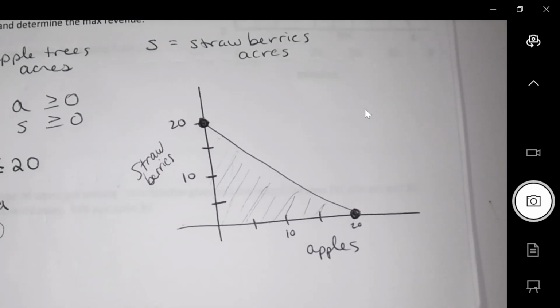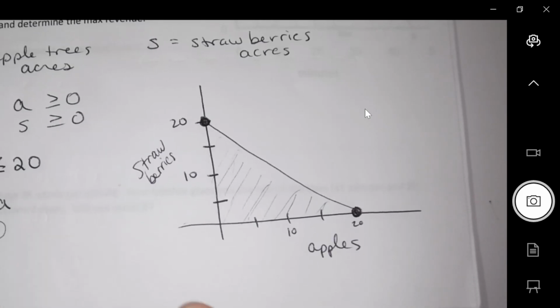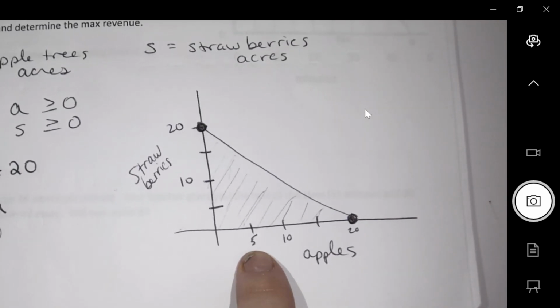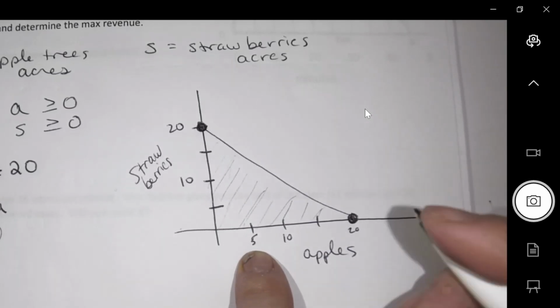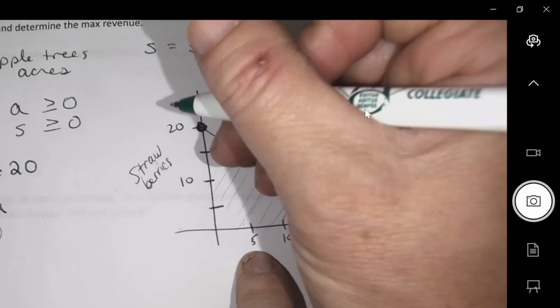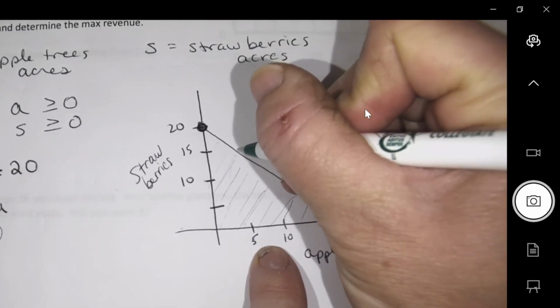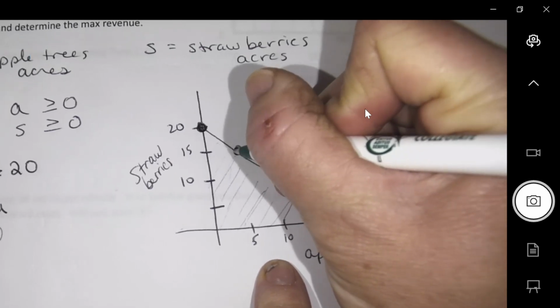Okay, so the strawberries are tripled the apples. So can I give you 1 point to write? If the apple was 5, how many strawberries would you have? You have to be triple that, so 15. So we would have the coordinate 5, 15.